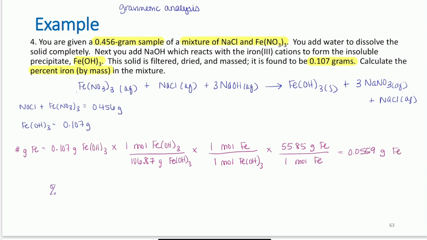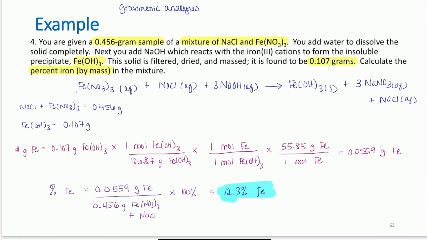So I can easily find the percent iron in the sample: 0.0559 grams of iron over 0.456 grams total sample, times 100% gives me 12.3% iron in my original sample.